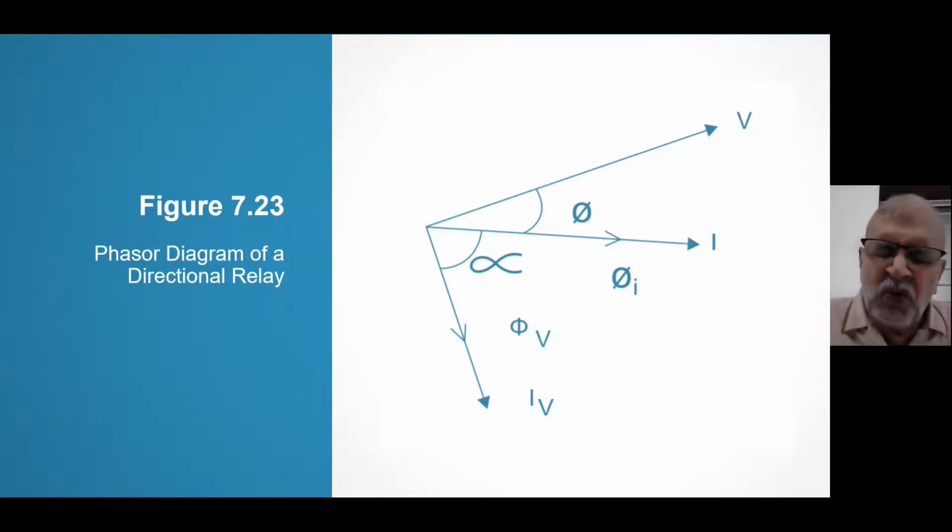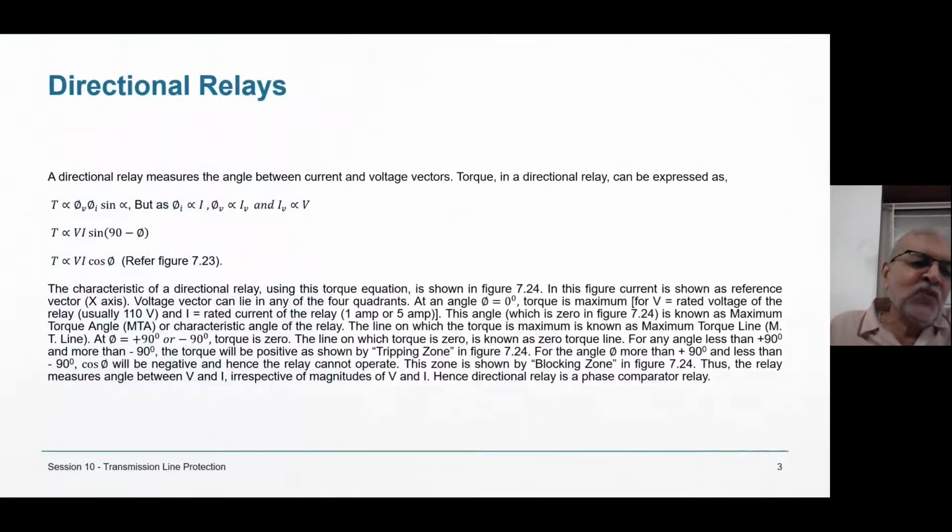But because the voltage coil is highly inductive, IV is lagging the voltage by 90 degrees. So torque is proportional to phi I, phi V, sine of the angle between them, that is, sine of 90 minus phi, which gives cos phi. So torque is proportional to VI cos phi.